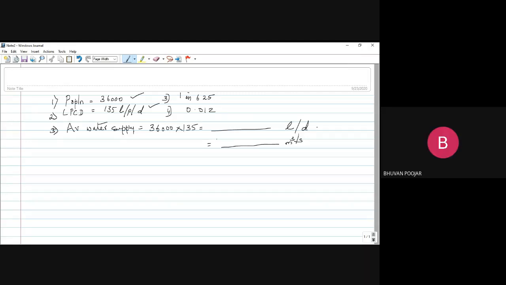Ma'am, 0.05. Okay. I think there is some 6 or something also. 0.05625 meter cube per second.